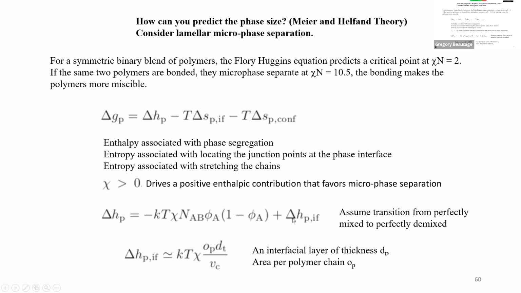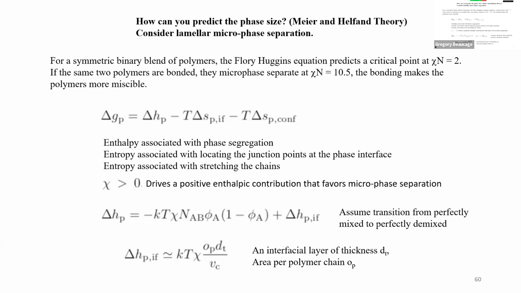And then this is the enthalpy of associating at the interface, which has to do with the interfacial thickness, interfacial area. So in other words, this interface between the two has an area, we call it OP. Then interfacial also has a thickness dt.